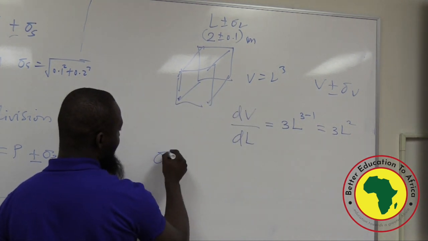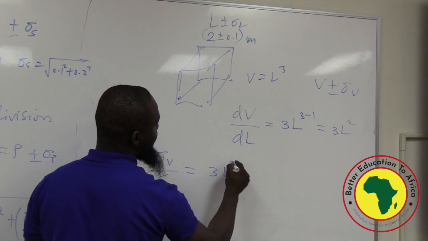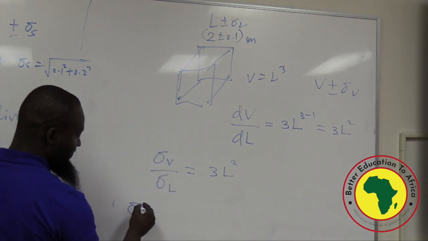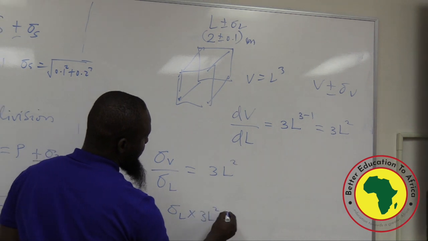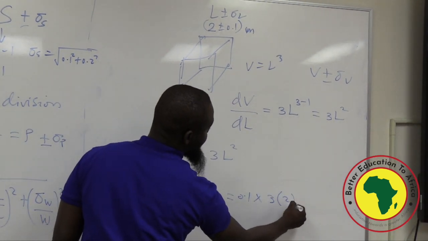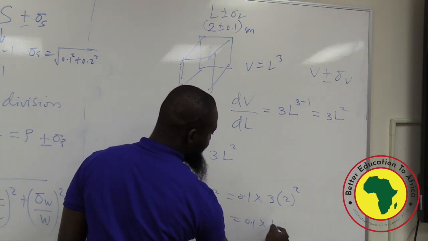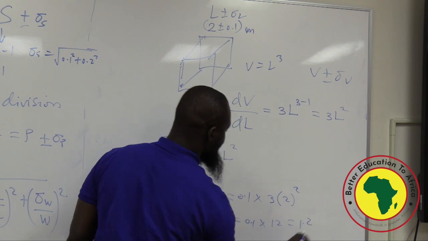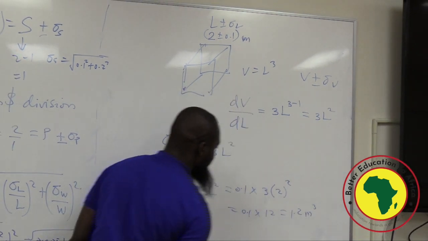So dV is my error in V, dL is my error in L, equals 3L squared. So my error in V equals error in L times 3L squared. I know my error in L, 0.1, times 3L squared, 3 times 2 squared. So that's 0.1 times 4 times 3, 12, 1.2. So my error in V is 1.2 meters cubed.